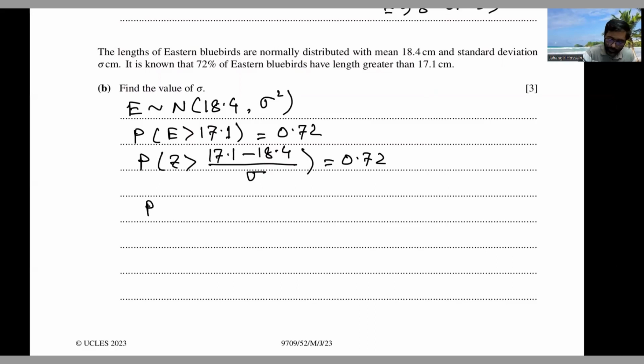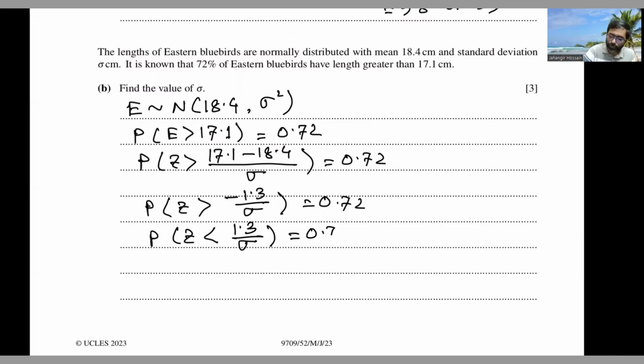So Z less than, since it is negative, minus 1.3 by sigma. So Z greater than negative value is equal to Z less than the positive value, 0.72.